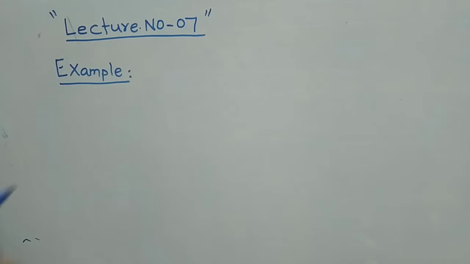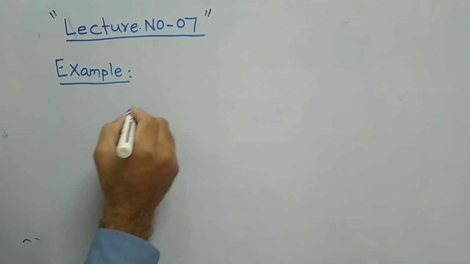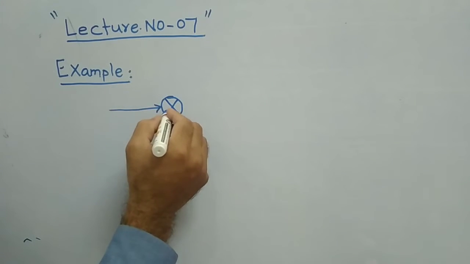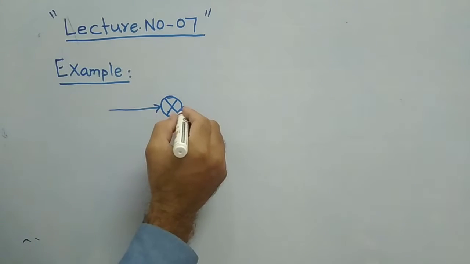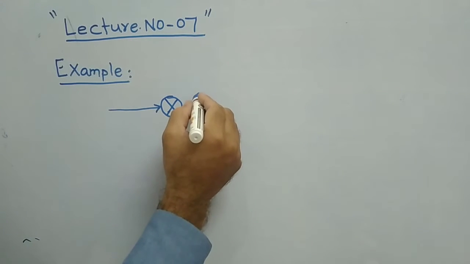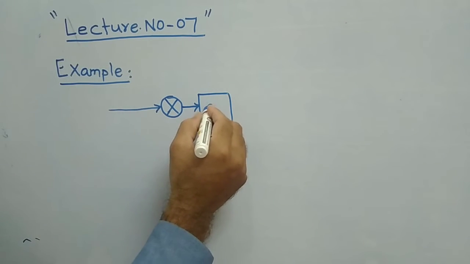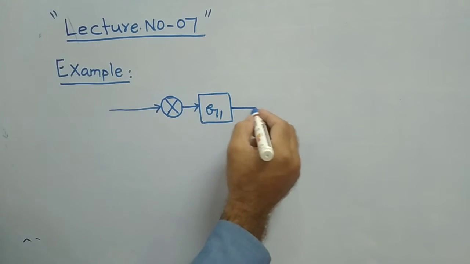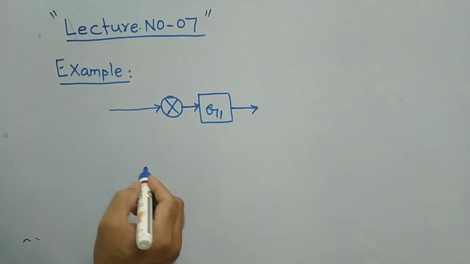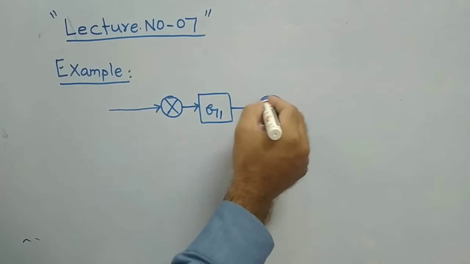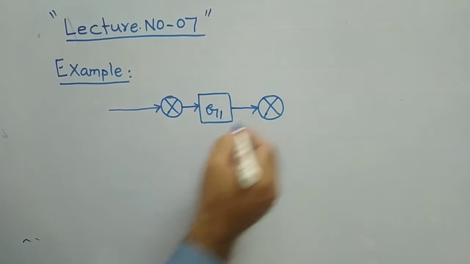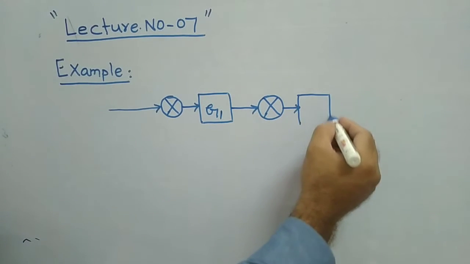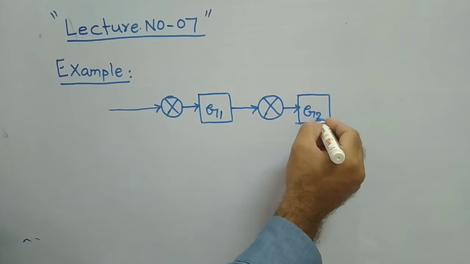In this example, you have one summer point, there is a gain G1, there is another summer point, and here you have G2.